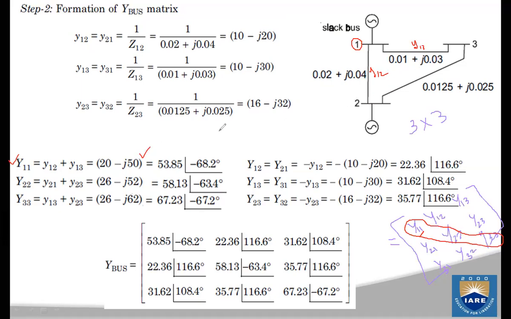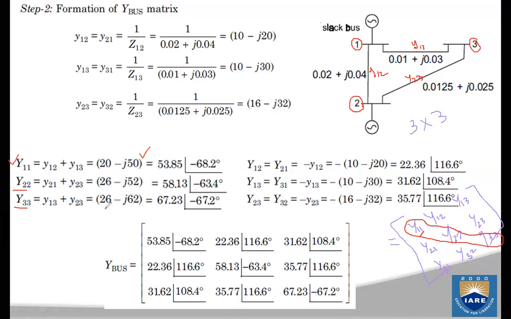Now if you observe, the second bus is connected with two transmission lines, which are y12 and y23. The sum of these two admittances y12 and y23 will give you Y22. Similarly for bus number 3, the transmission lines connected are y13 and y23, so the sum of the admittances is y13 plus y23.